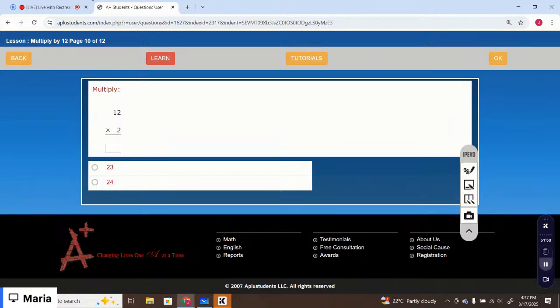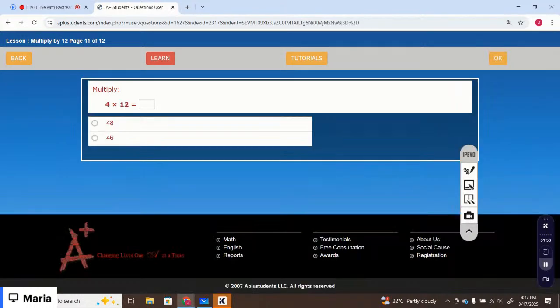12 times 2 equals 24. Option number 2 is the correct option. 12 times 4 equals 48.